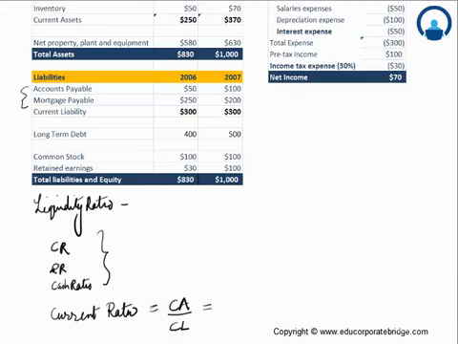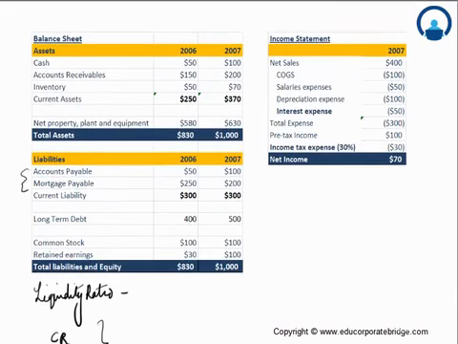So let us take an example here. We have 2 years, 2006 and 2007. So we'll calculate ratios for both the years. Here the current asset is 250 and the current liability is 300. In 2007 we have this as 370 and the current liability being 300.